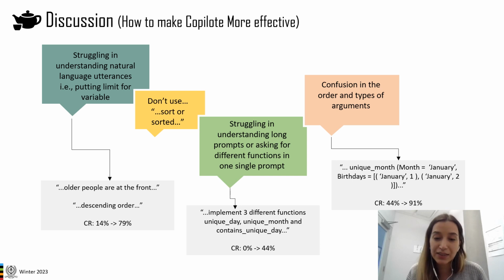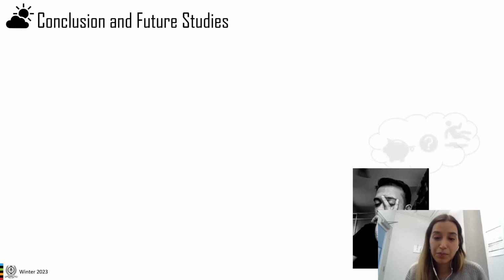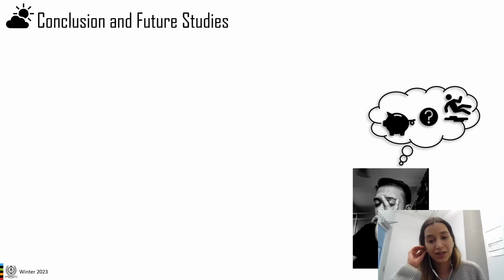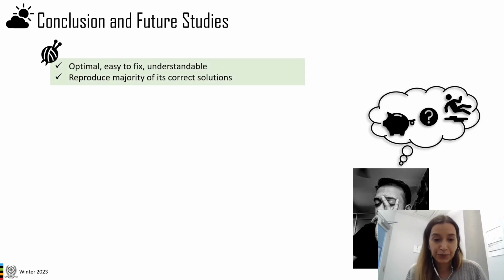But if you get back to our question: using Copilot as an AI pair programmer, replacing one of the pair with Copilot, is it going to be an asset or a liability?